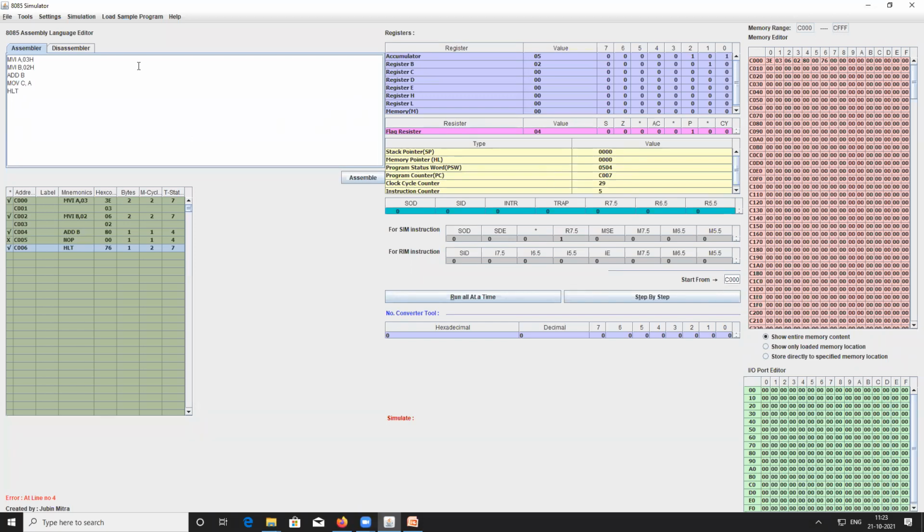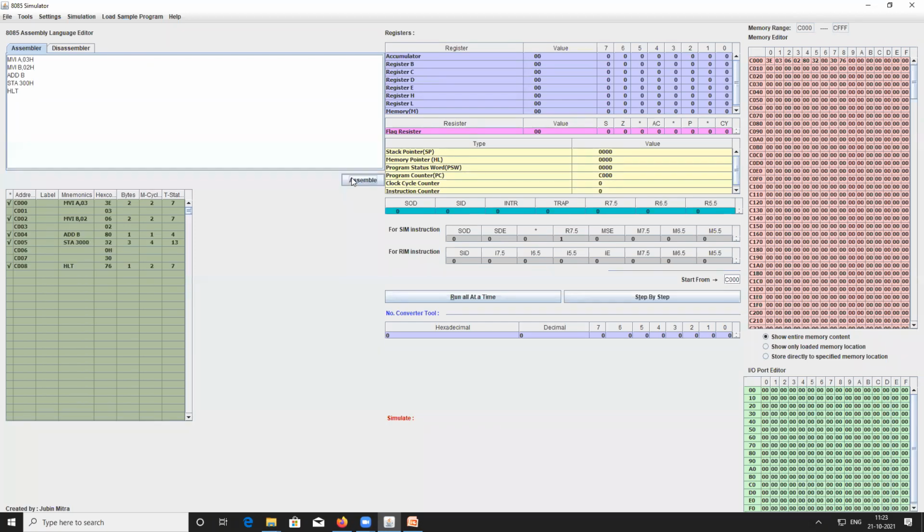Now we have to change one thing in the program: STA 300H.